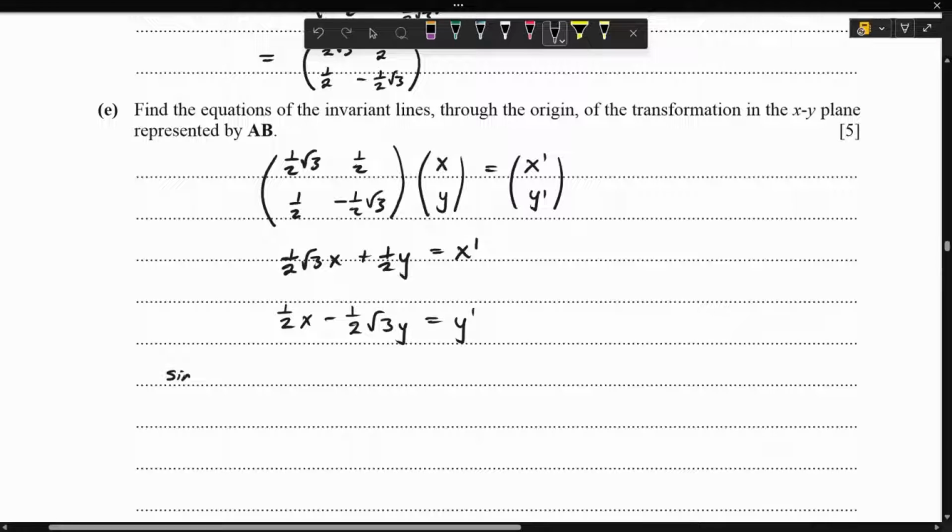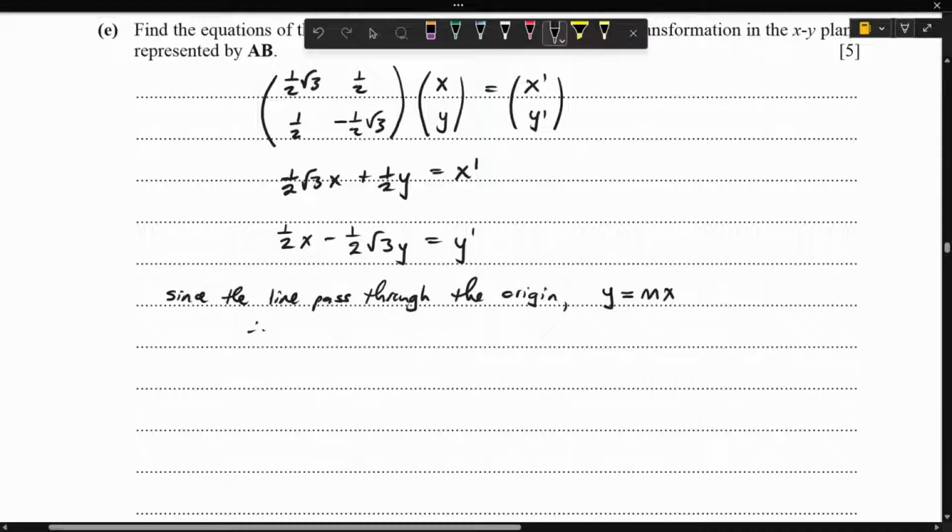Now since we are talking about the lines passing through the origin, it means that y equals mx is their form. So we can substitute mx for y, so that we have half root 3 of x plus half of mx is equal to x dash, and half x minus half root 3 of mx is equal to y dash.